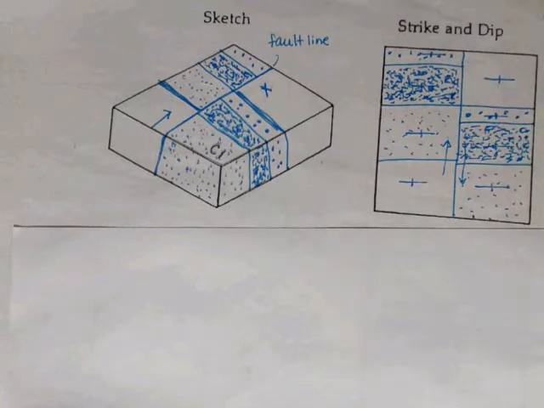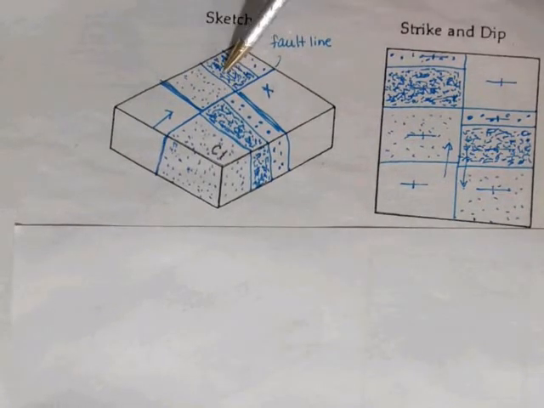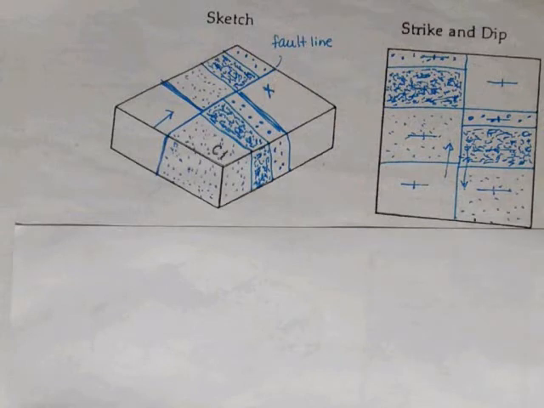So shear is what creates the lateral strike slip faults. This one ended up being a right lateral strike slip fault. See how everything went to the right when you look across the fault line. That's a very simple strike and dip pattern for that. Okay, so that was C1.